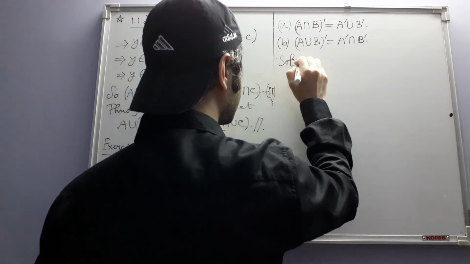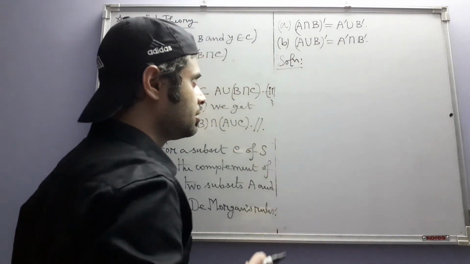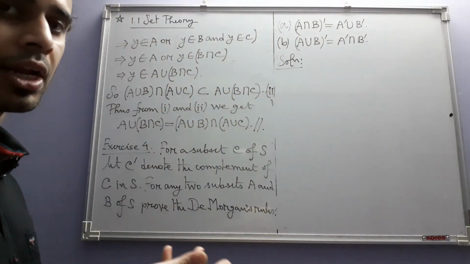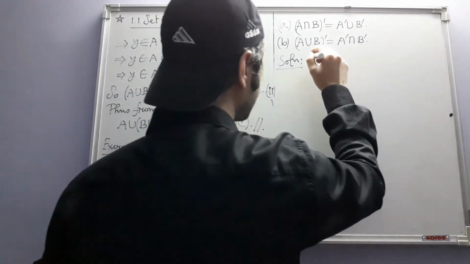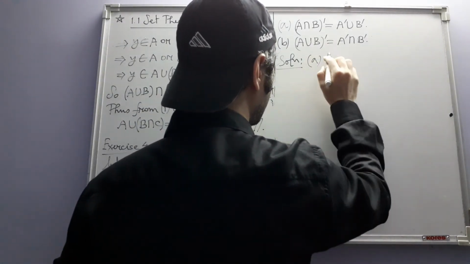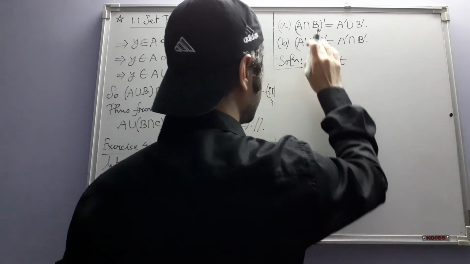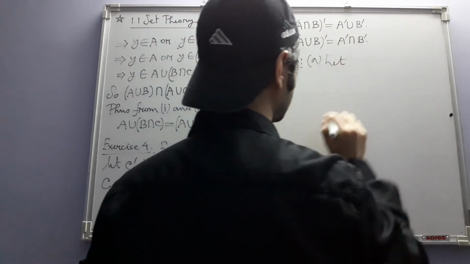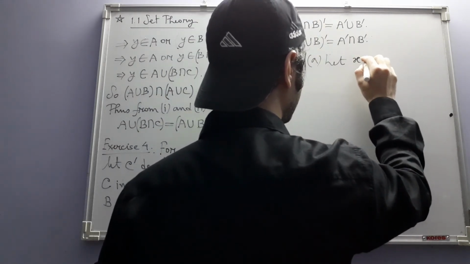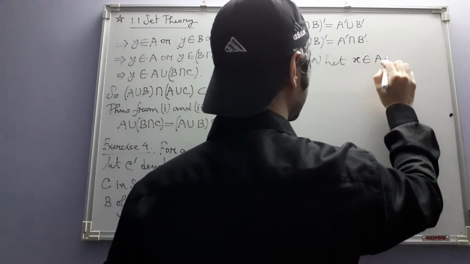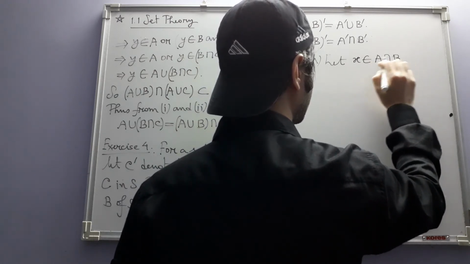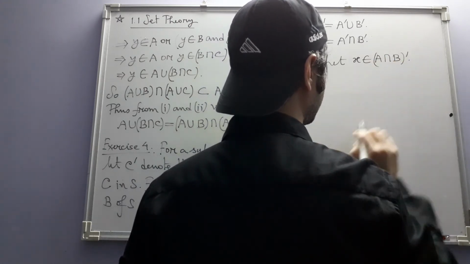These things are rather easy, only we have to keep in mind the definitions and apply them properly. So to prove the first one, we start by showing that this is a subset of this. Let X be any element in A intersection B complement.